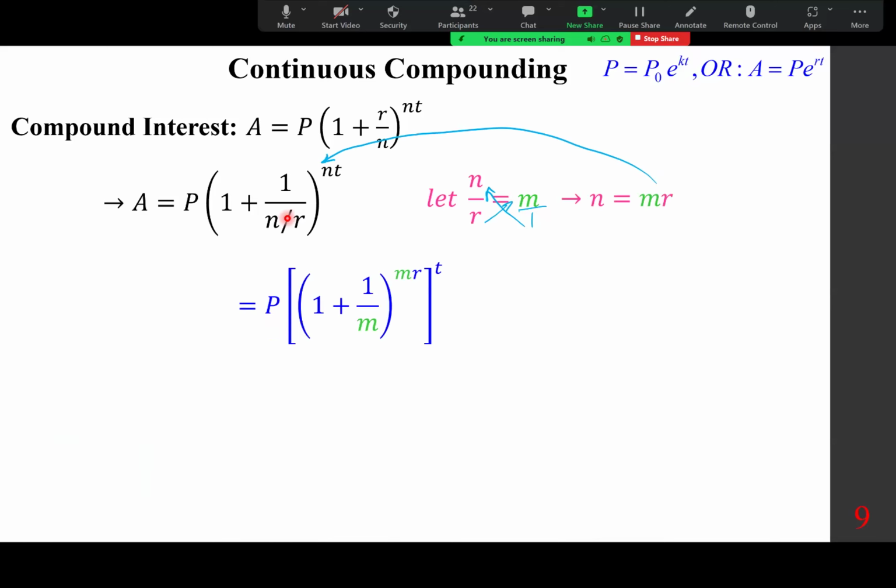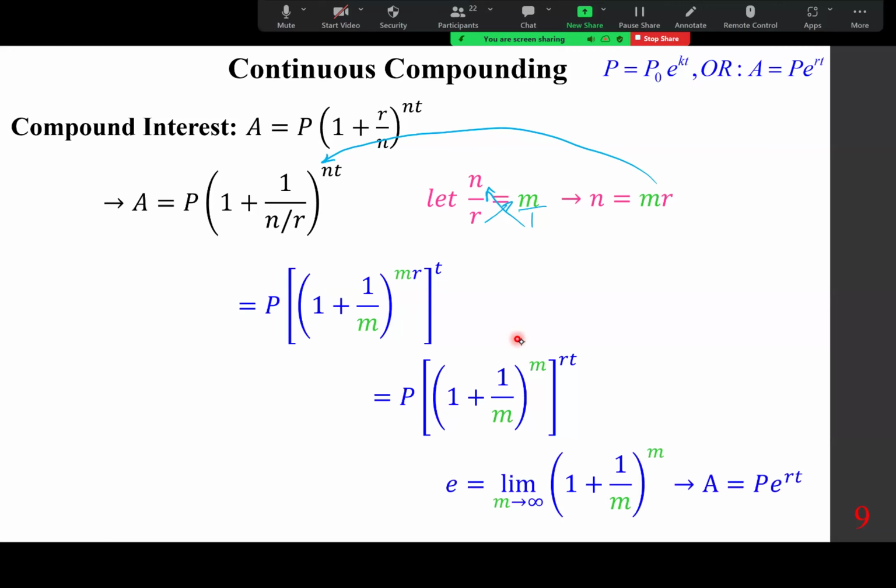So P times (1 plus 1 over m) to the power of mrt, and so we are replacing the n with mr. We keep the m in, we take the r out, it doesn't matter. Remember, the power rule says you have to multiply all these three. This expression is e, as m goes to infinity, the limit of (1 plus 1 over m) to the power of m as m goes to infinity, and it becomes A equals P e to the power of rt.